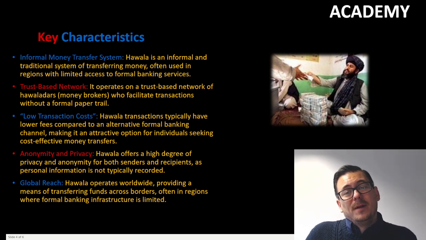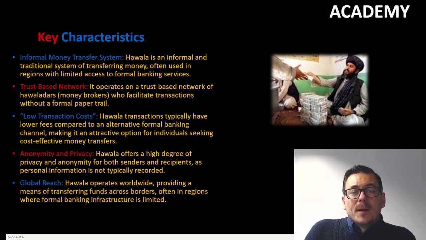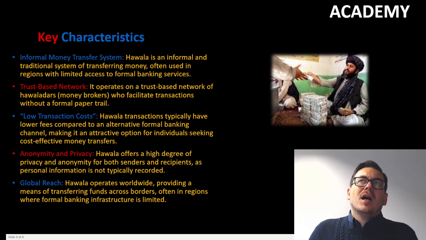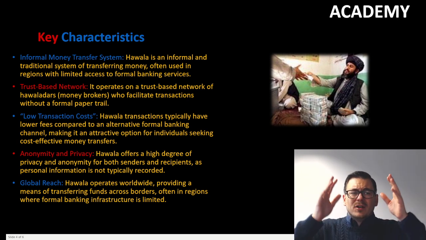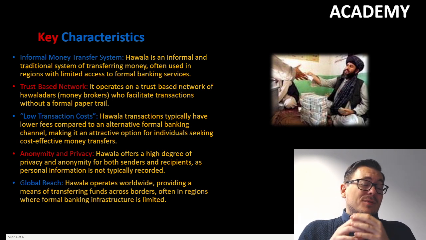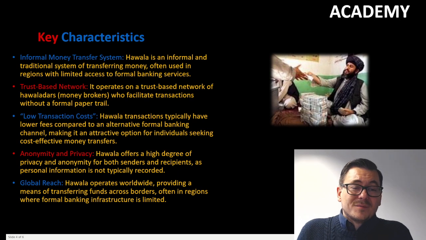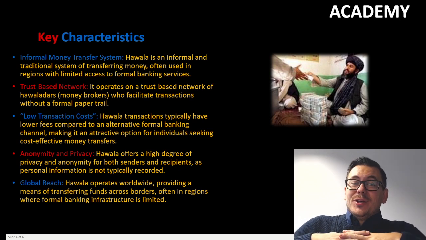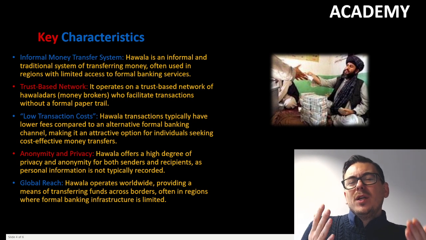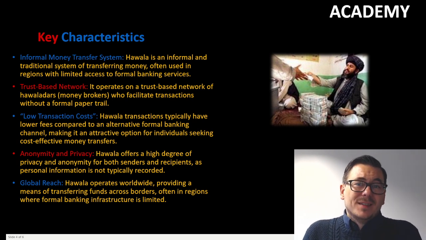way of back payment. But the problem, where people mostly relate the Hawala system to money laundering, terrorist financing, or anything, is actually because of the anonymity and the privacy of it. Because basically, you're sending some money to a person, you don't really need to know who the sender is.